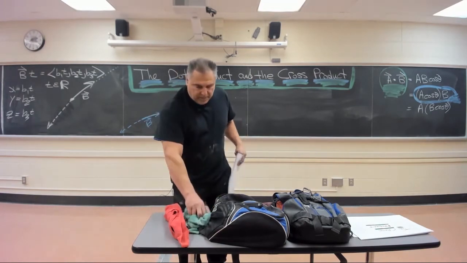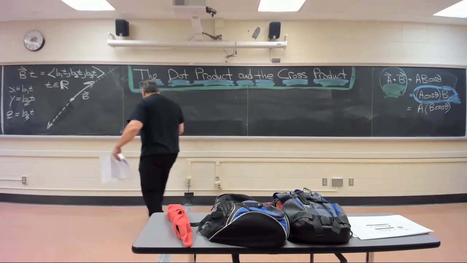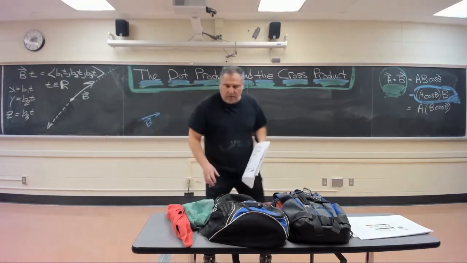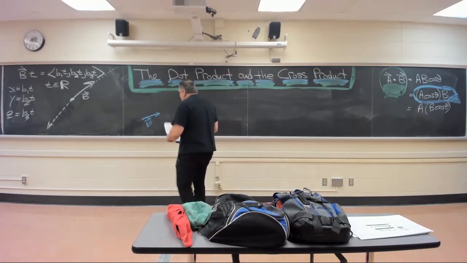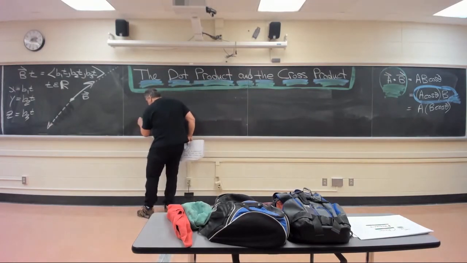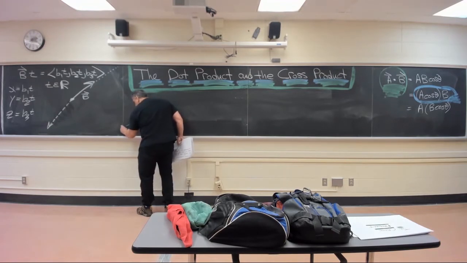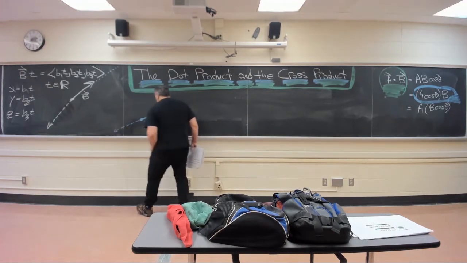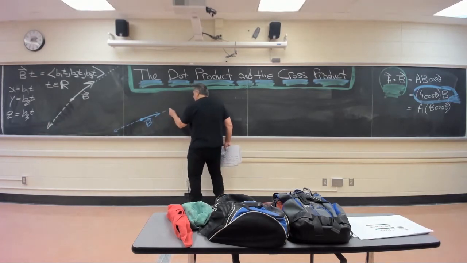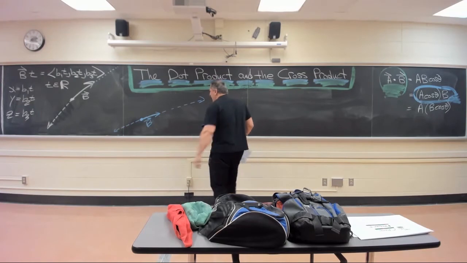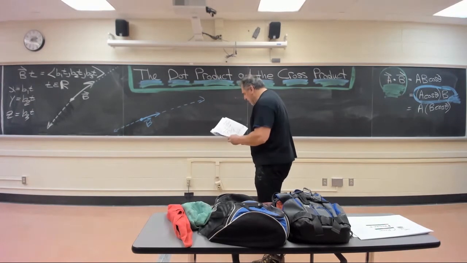I don't know how I just drew that, but I think you guys know what I'm talking about. It's not a good drawing, but perhaps it was adequate as is. And that's B vector. Again, guys, no ruler here, and I don't think anybody's going to accuse me of being an artist anytime soon.